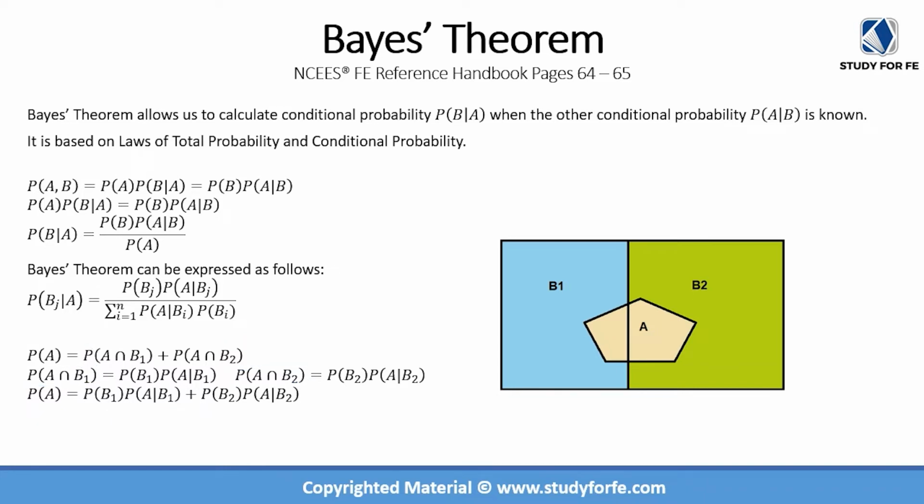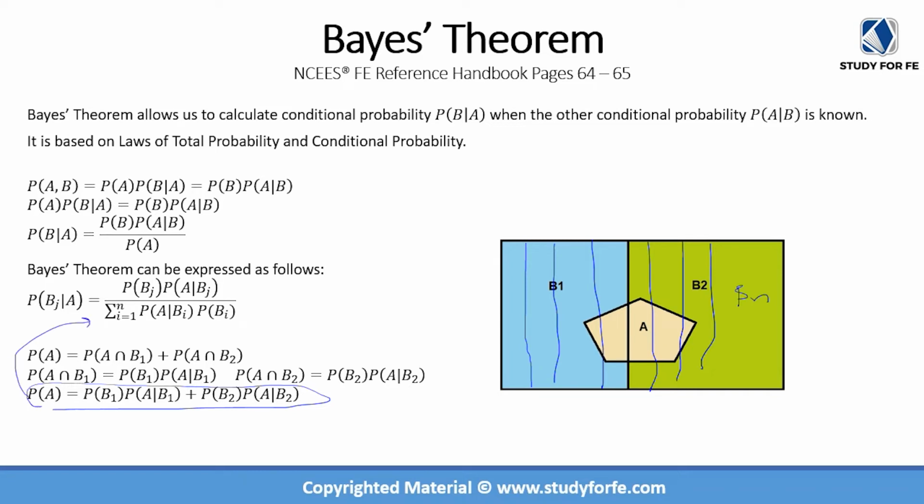Now, if I were to divide this sample space not just into B1 and B2, but into many mutually exclusive portions up to Bn, then the general form of this equation would be this summation in the denominator.